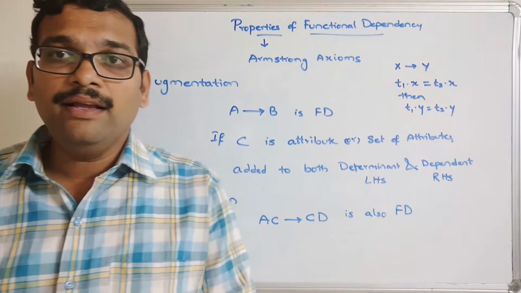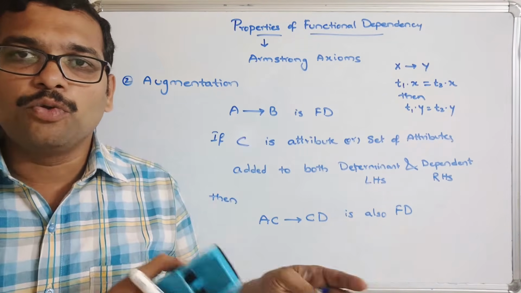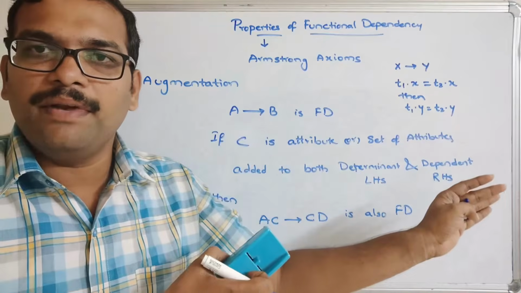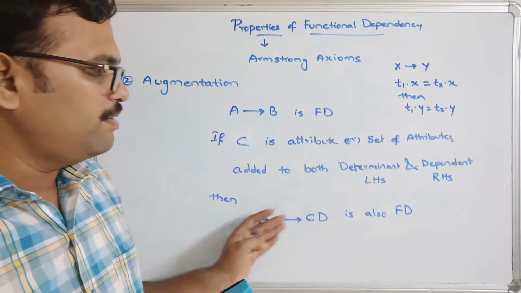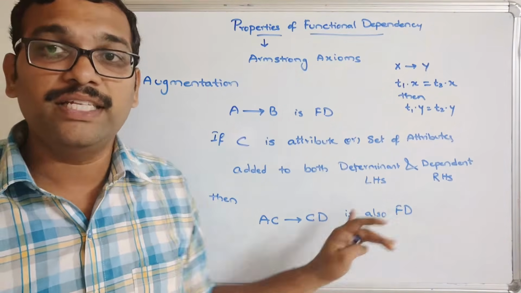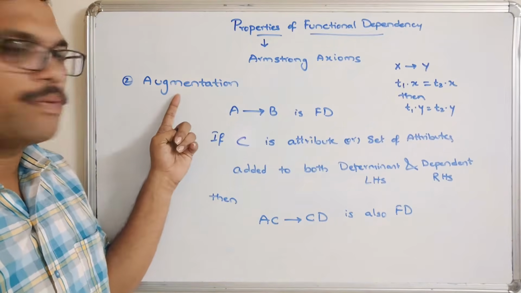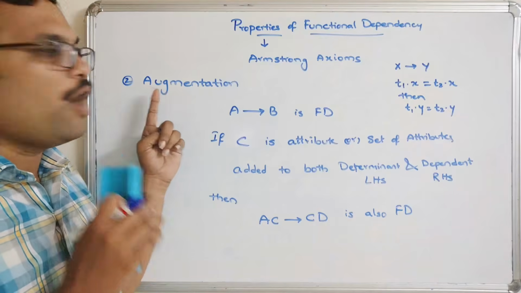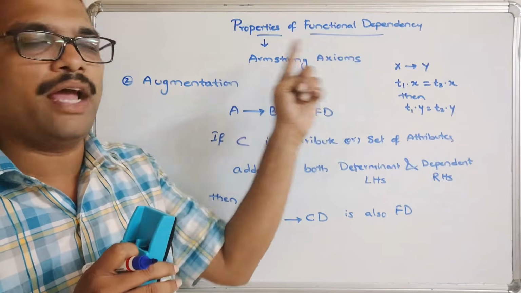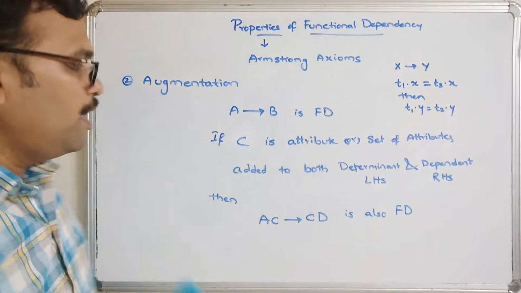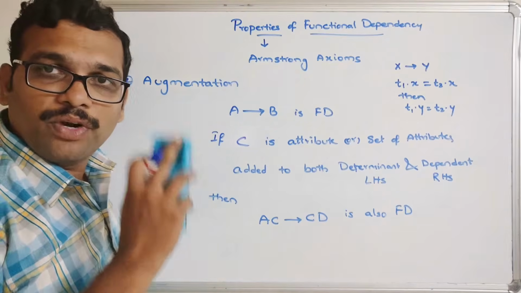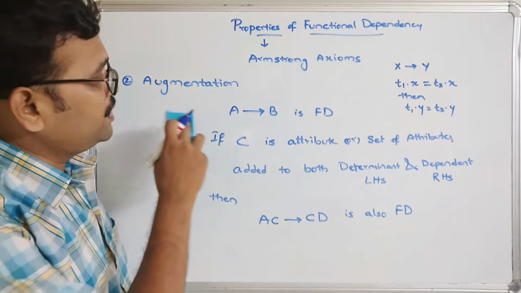So adding attributes to both the dependent and the determinant will also be functionally dependent. This type of property we call the augmentation property or augmentation Armstrong axiom. So I hope you understood the first two, reflexivity and augmentation.